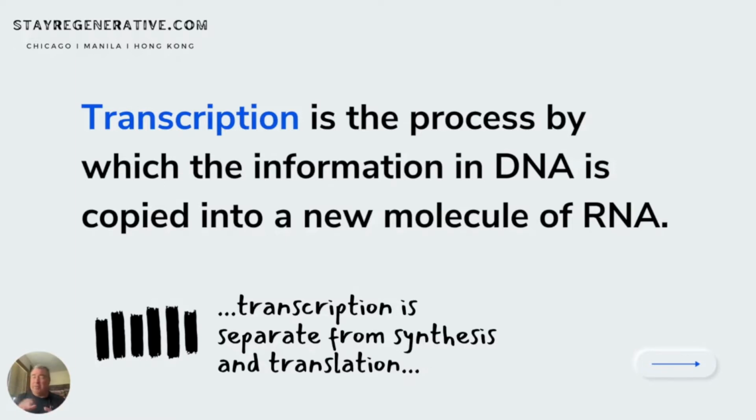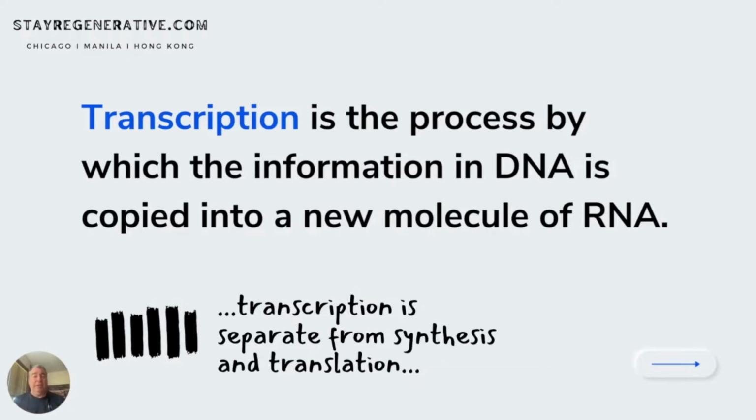Now, transcription is not the same as DNA synthesis, which occurs every time a cell divides, okay? When a cell divides, it has to replicate its entire genome, okay? And that's a different system. It's similar in certain respects, but it's a different system. And translation is a different system as well.